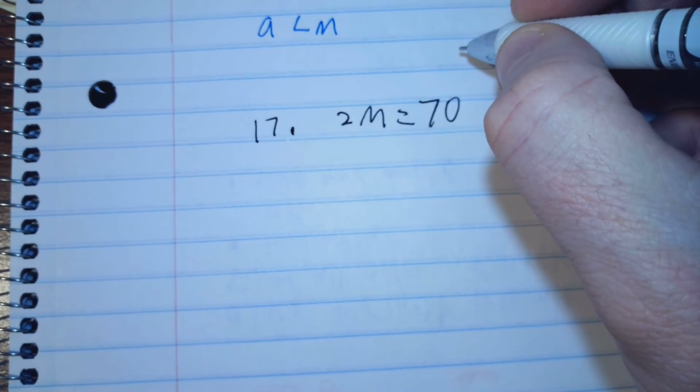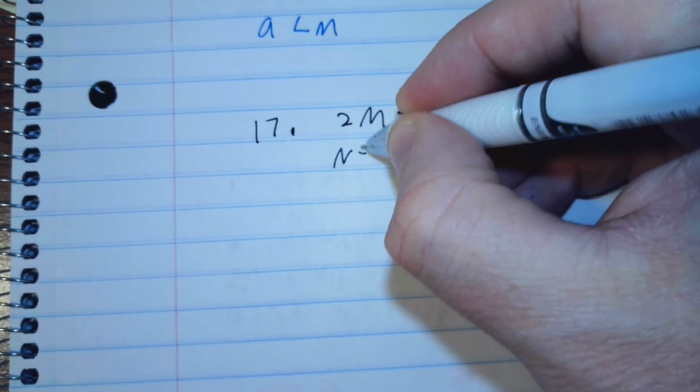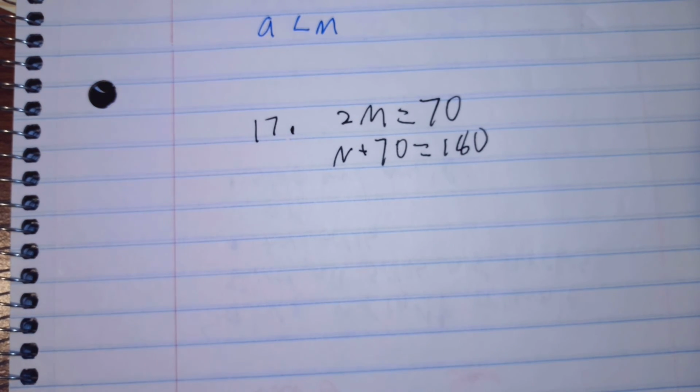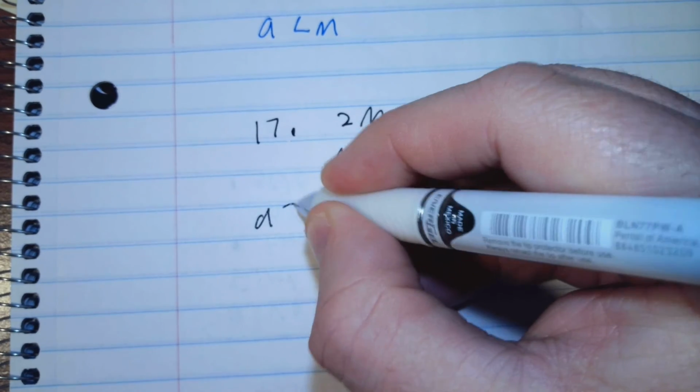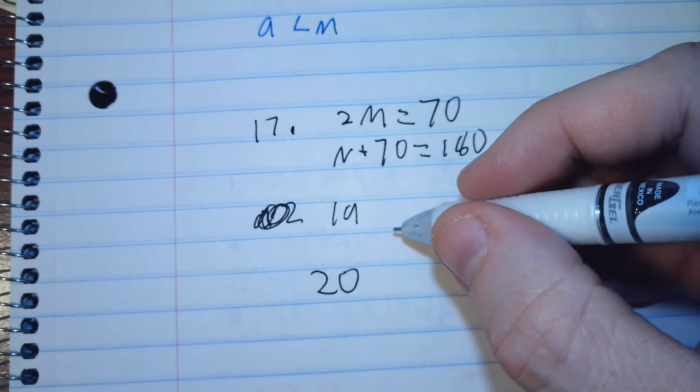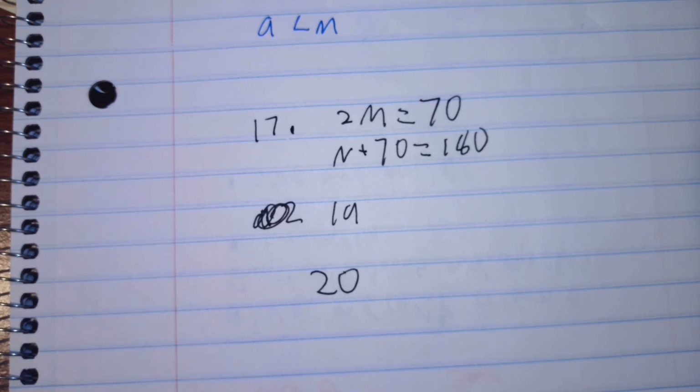It's basically two problems. 2m equals 70, and n plus 70 equals 180. It's kind of how you fill that out. And then moving on to the next one, like 19 and 20. Okay, and I'm giving the book numbers.